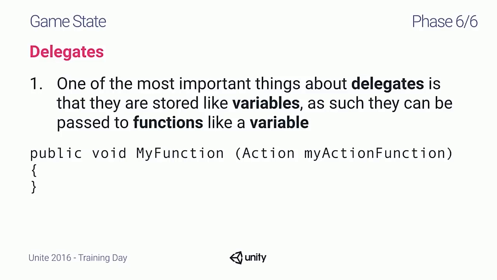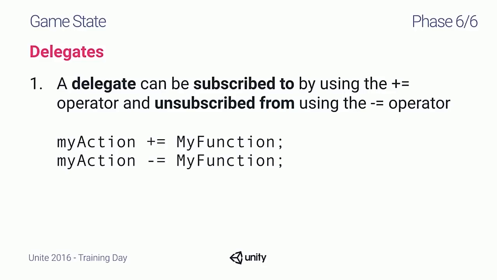Instead, you pass it through a delegate, and then your parent function decides whether or not it's going to call the delegate function. You can subscribe to and unsubscribe from a delegate using the plus equals operator or the minus equals operator. This means that you can add multiple functions to a delegate at once, and that would result in multiple functions being called when you call the delegate.